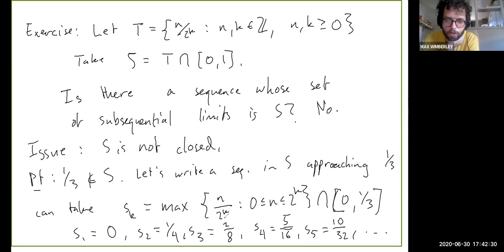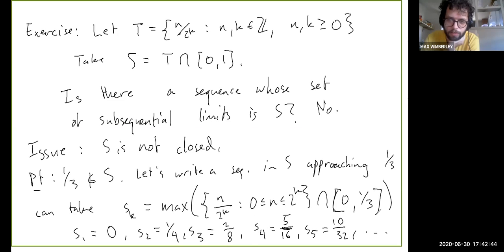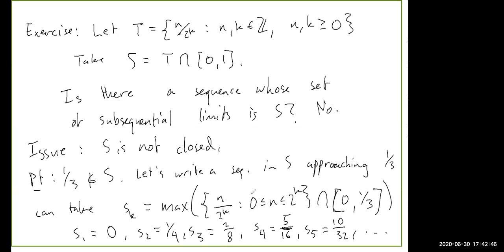Yeah, it's the biggest multiple of 1/2 to the fourth, right? So 4 is the index here. So you take 1/2 to the fourth, and then you say, what's the biggest multiple of that that's less than 1/3? I see. So the max applies to the whole thing. Yeah, the whole thing. Because the max is a number, so you can't really intersect it with a set. Gotcha. Thank you. Yep.